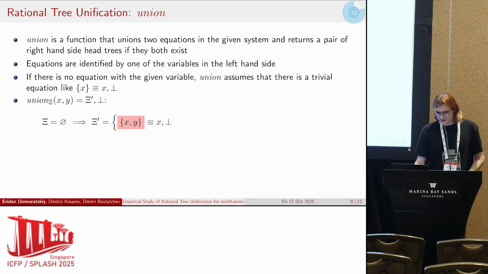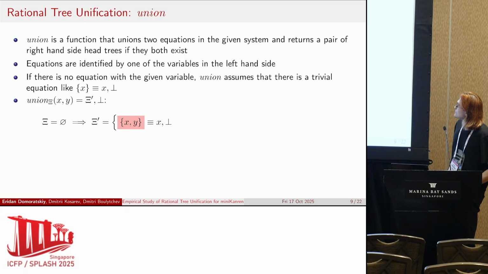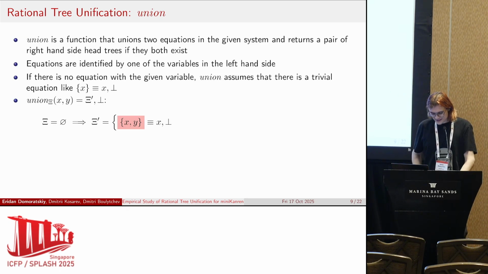Okay, let's consider an example. If we need to union variables x and y in an empty system, we just get a system with one equation with the unioned variables on the left-hand side.